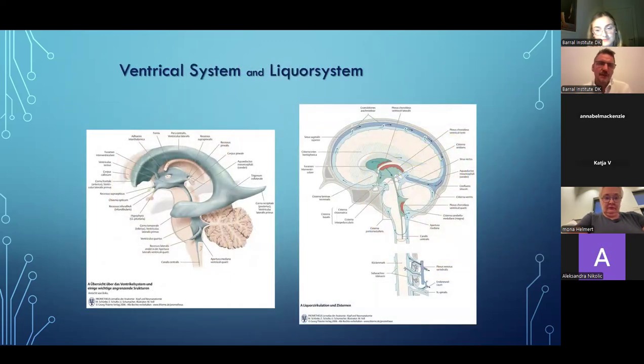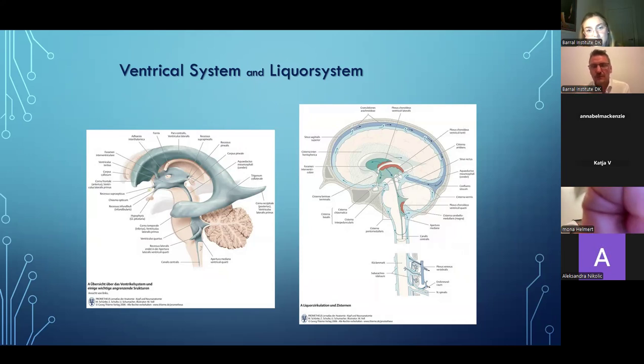Inside the brain, we have the ventricular system. This is a nice image of the left first ventricle. We have the other one on the other side, and we have the third and the fourth ventricles further down. This is where they have the liquor system or the cerebrospinal fluid.